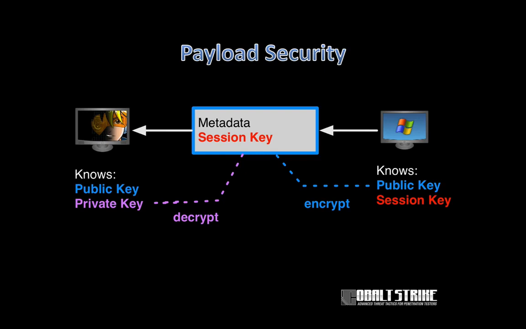It then encrypts metadata to send back to the Cobalt Strike team server. It uses the public key, which only your team server can decrypt, to send this metadata. Included in the metadata is the session key for that particular Beacon session.